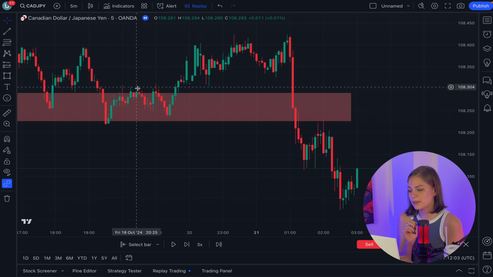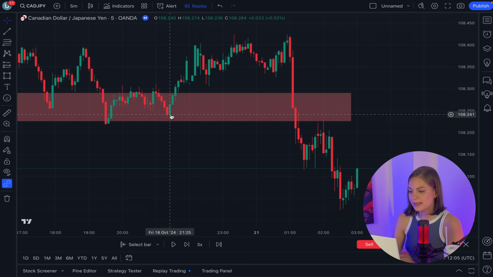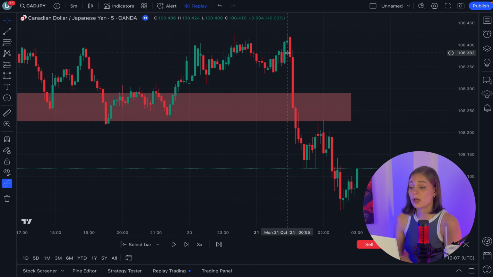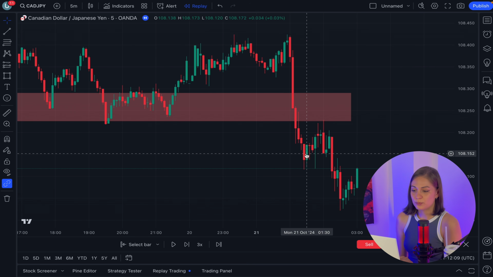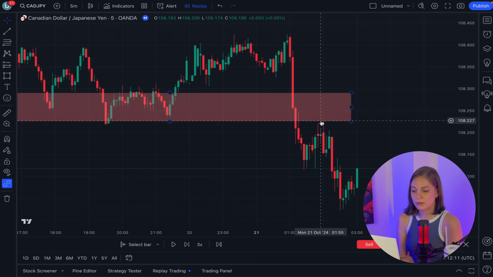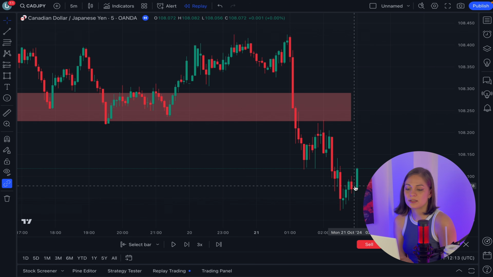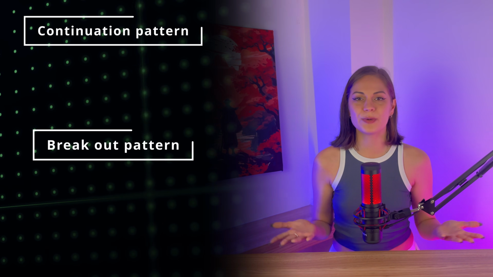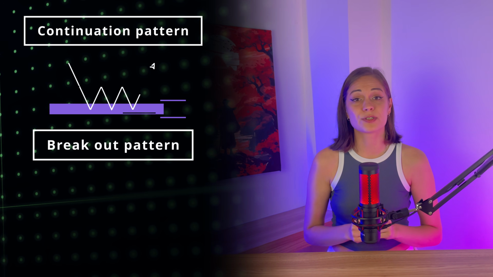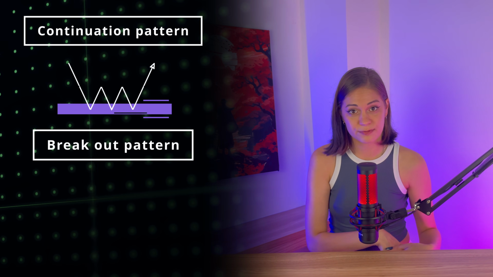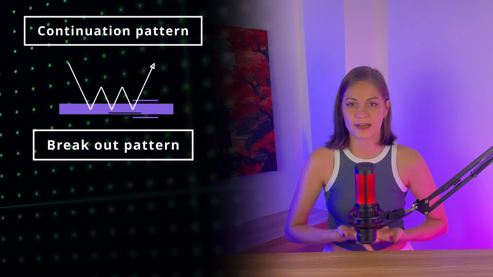So two different types of setups. If the price gets to the level and jumps up again, and the second one, we need to remember about the breakthrough and retest and then entering into a deal according to the rebound. As a result, we have two setup options. The first one is a continuation pattern. That is, the price returns to the level on a 5-minute time frame and rebounds in the same direction.